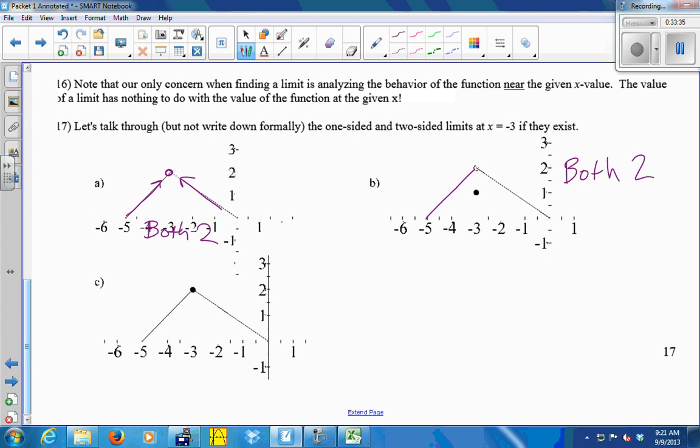And for C, what's my limit from the left and the right? 2. So my limit is 2 again. And that happens to be my function value. So you can see that the function value really has nothing to do with the limit. The function can fail to exist, the function can be defined at a value different than the limiting value, or the function value and the limiting value can be the same.